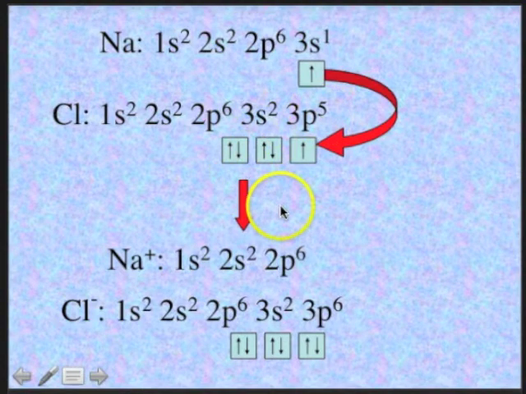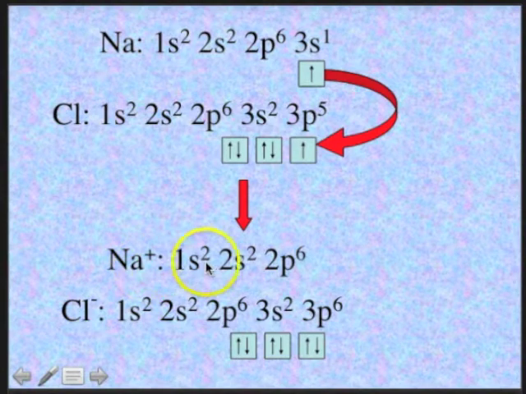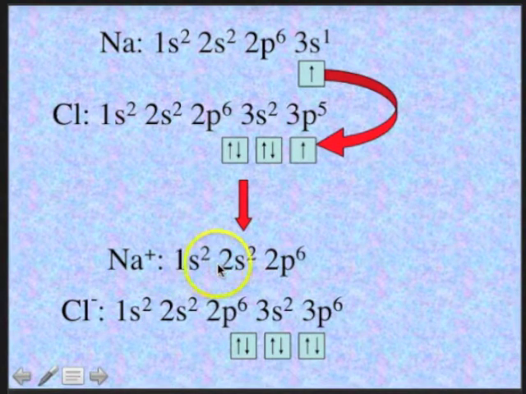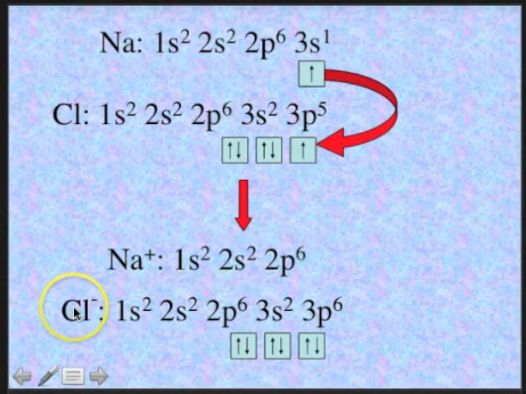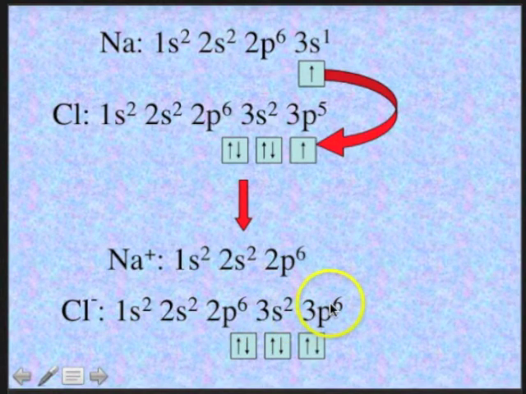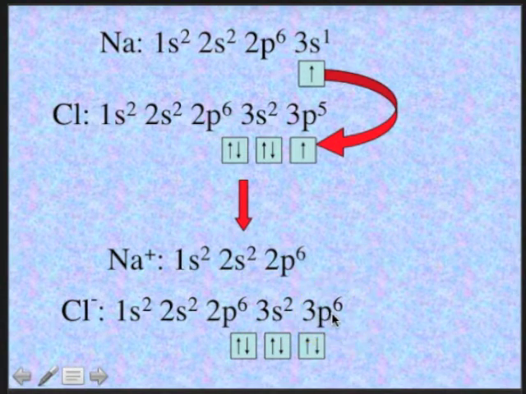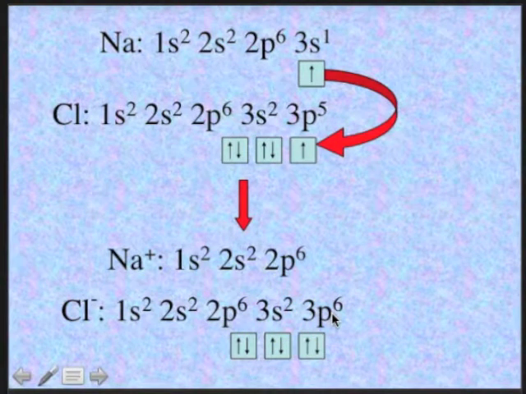And in doing so, the sodium became the sodium ion and ended up with a stable noble gas configuration, 1s2, 2s2, 2p6, and chlorine became the chloride ion and ended up with a noble gas configuration, 1s2, 2s2, 2p6, 3s2, 3p6. The potential energy of the system dropped when sodium and chlorine reacted to form sodium chloride.